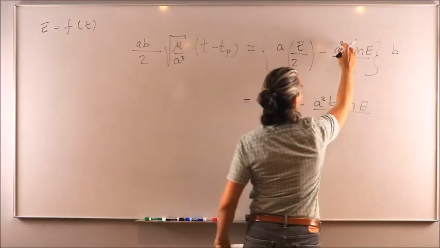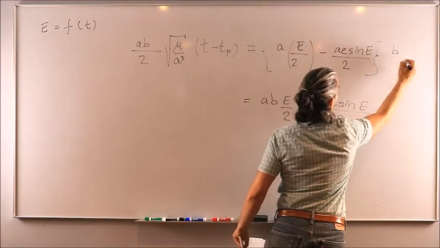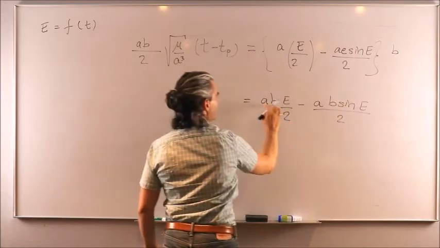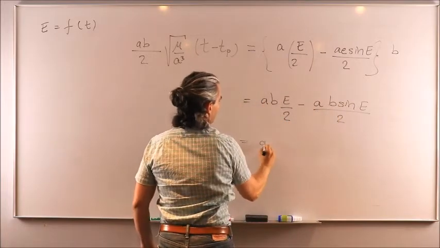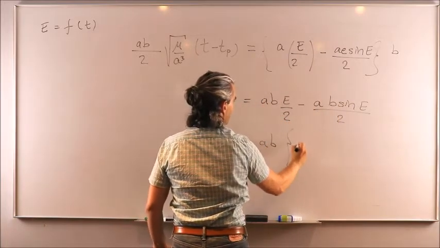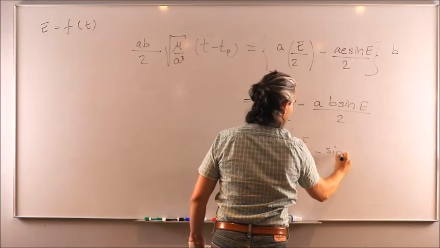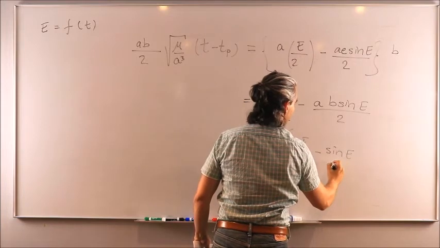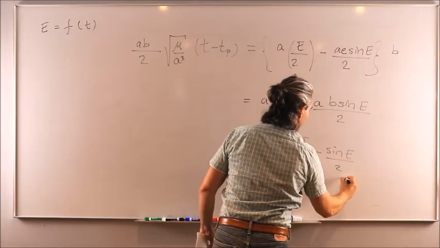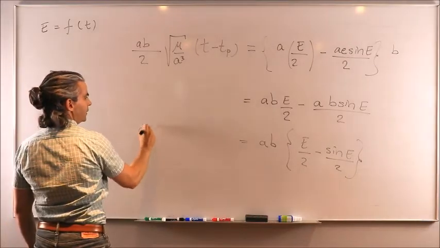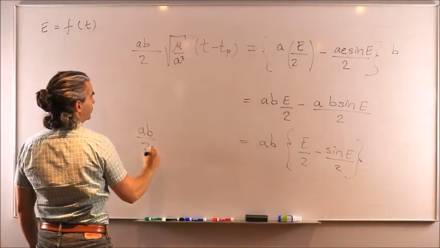Oh, I needed to cancel one of the A's here, the A that was on the bottom too. Sorry about that. So this is just A. So now you have AB, I'm going to factor this out. And you write that this is eccentric anomaly over 2 minus sine eccentric anomaly over 2, like that. And all of it is equal to AB over 2.